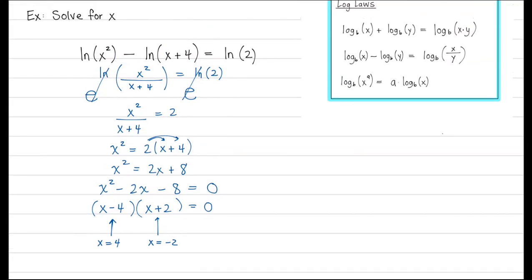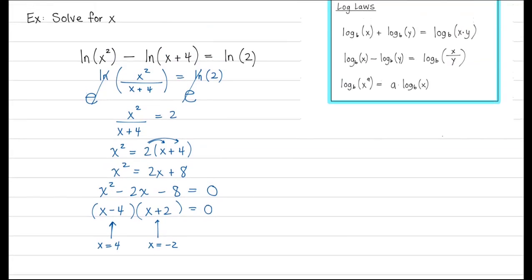Now, we always want to go back and check, because answers we get here at the end might not be okay when we plug them into this original equation. Remember, if we take the natural log or log base whatever of anything, they have to be positive numbers.